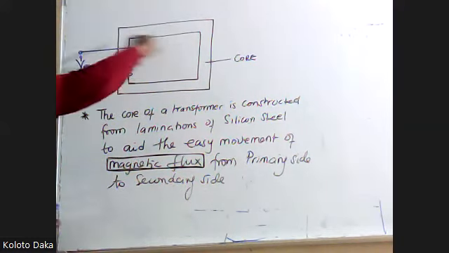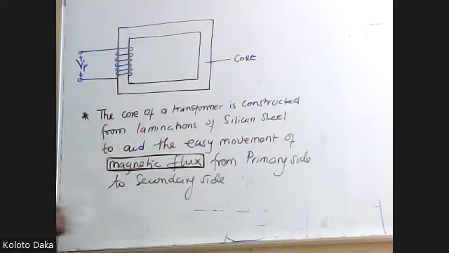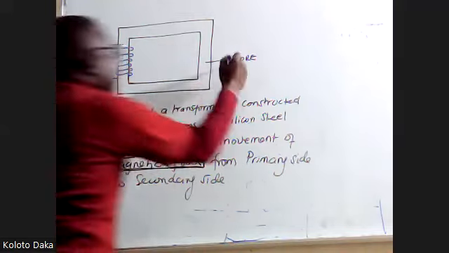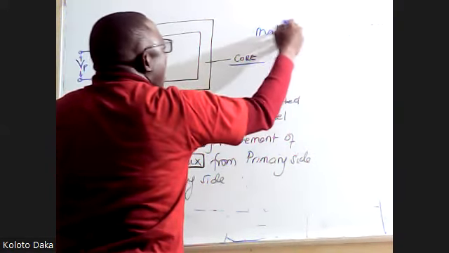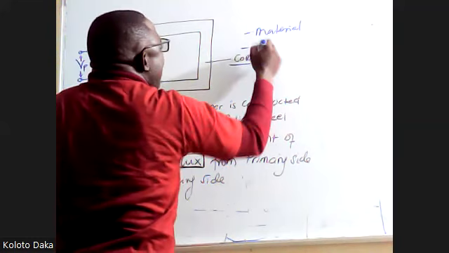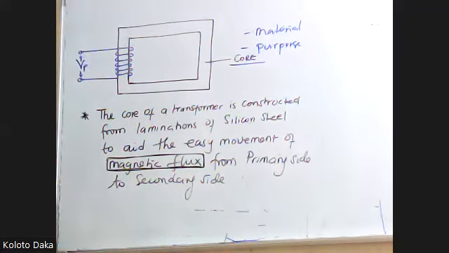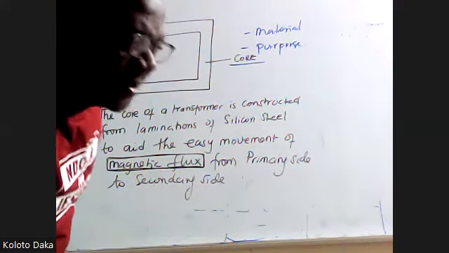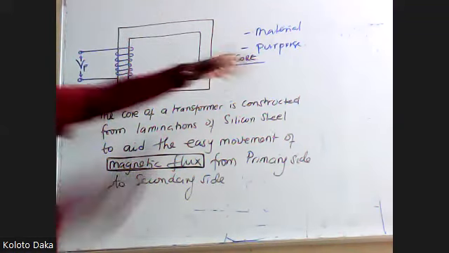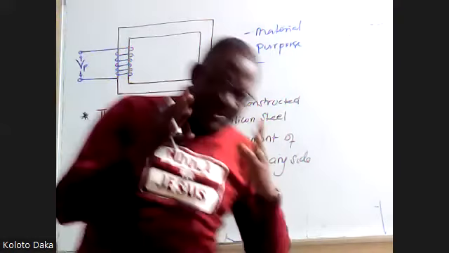And that is your second point. So your first point, in explaining a transformer, you talk about the core. When you talk about the core, two things: talk about the material and the purpose. Don't just talk anyhow. Be systematic.